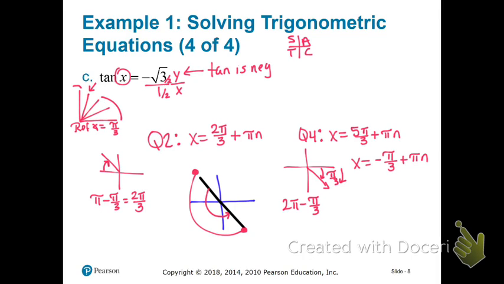So do I really have to have both answers? No. So we're actually just going to get one answer with tangent. And typically what they'll do is they'll take the smaller angle and use the negative of it if it's in quadrant 4. So they're going to take the negative pi over 3 plus pi n to use as their final solution.